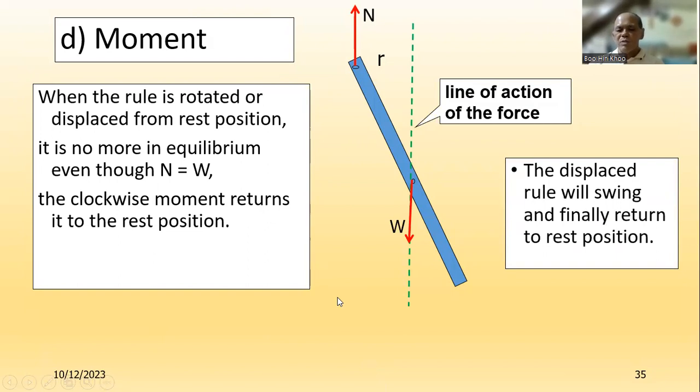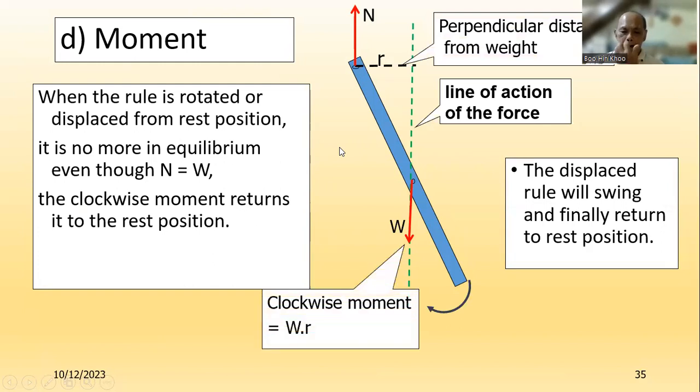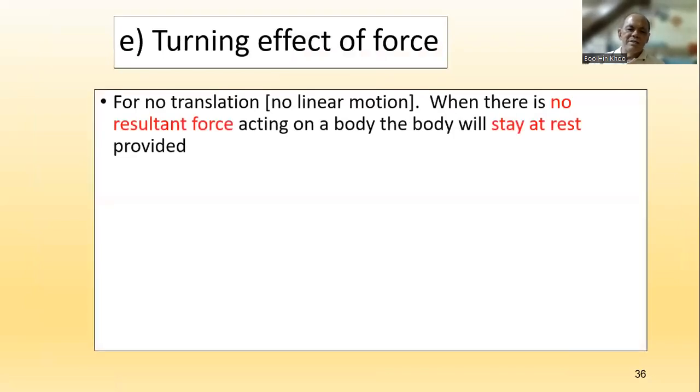The displaced ruler will swing and finally return to the rest position. So that is the perpendicular distance of the weight from the pivot. That's the pivot. That's the clockwise moment, W times R. Turning effect of a force.